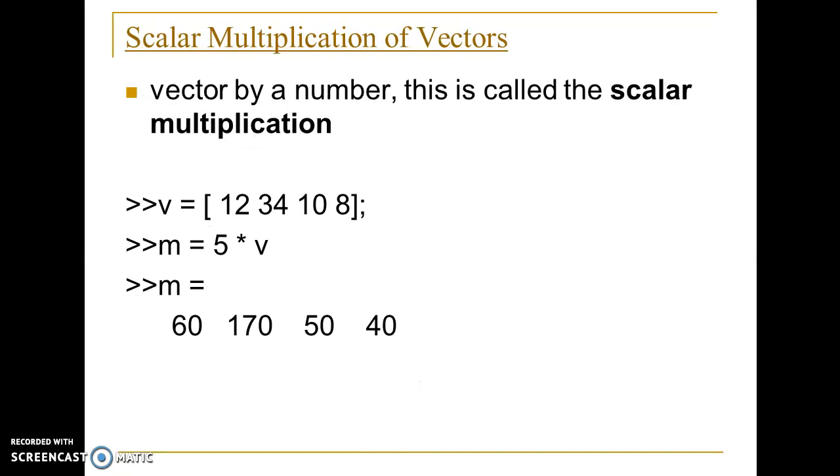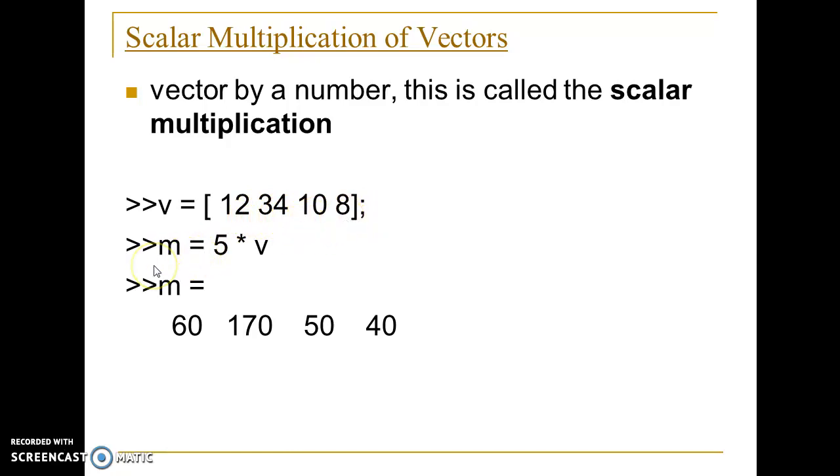Now let's see the scalar multiplication of vectors. A vector multiplied by a number is called scalar multiplication. Consider a row vector V is equal to 12, 34, 10 and 8.